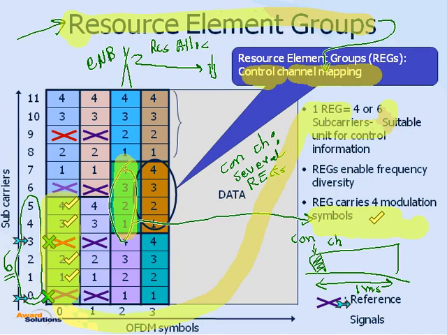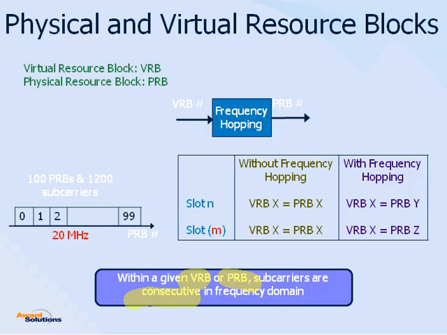Okay, let's actually, for the frequency hopping, we were thinking like this, that if I want to implement frequency hopping, then I will give some virtual block number, let's say X. It will correspond to one physical block in one slot, and the same number corresponds to another physical block in another slot.